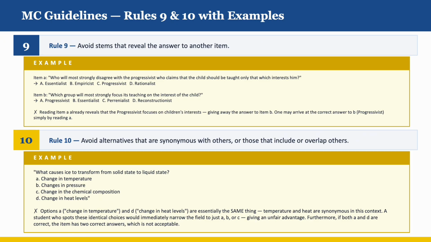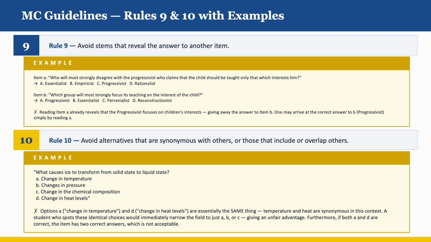So when item B asks which group will most strongly focus its teaching on the interest of the child, the answer is obviously progressivist, because item A already told you. So one item is literally giving away the answer to another. So when writing a test, you need to review all items together to make sure they don't cross-contaminate like these items.